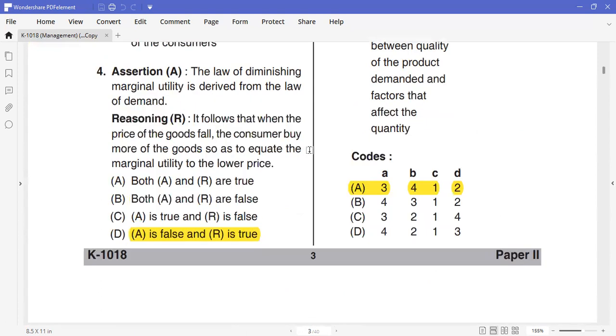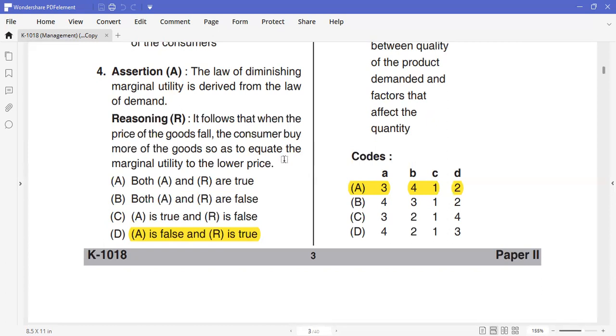It is a question based on assertion and reasoning. The assertion is the law of diminishing marginal utility is derived from the law of demand. The reasoning follows: when the price of the goods falls, the consumers buy more of the goods so as to equate the marginal utility to the lower price.